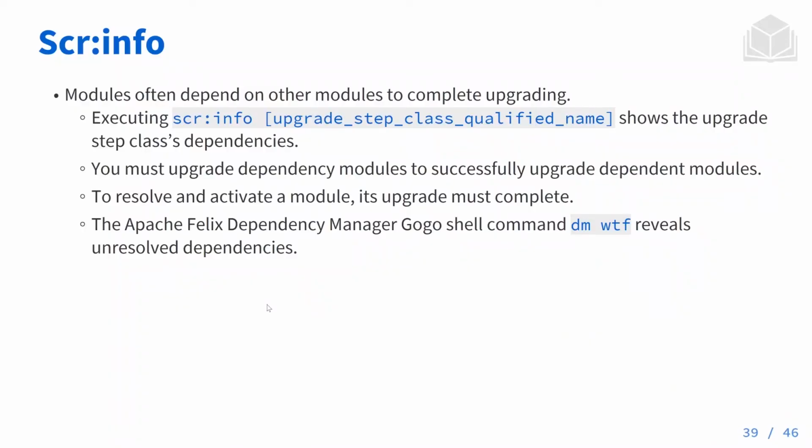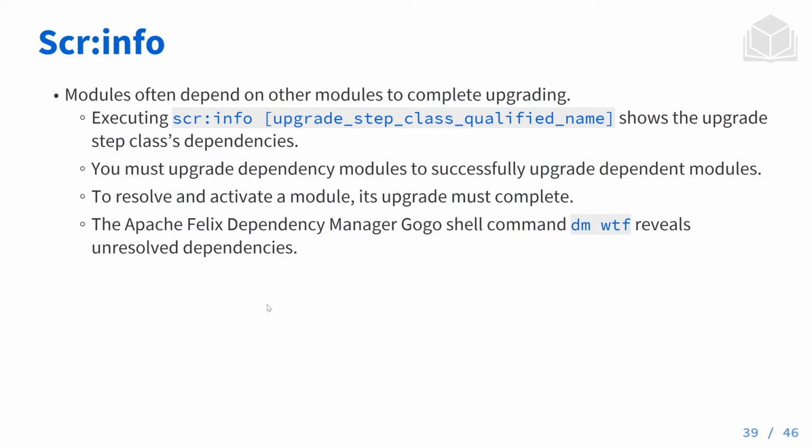And so let's say we're going through our module upgrade process and things aren't going quite right. Modules in the OSGi container do depend on one another. And so in order to find some of these dependencies, there are a couple of commands to help us out. One of them could be scrinfo, and then you can enter that specific upgrade step that you're at.